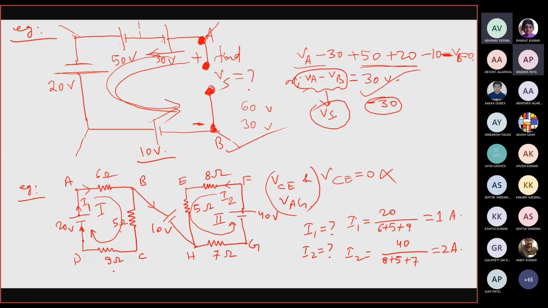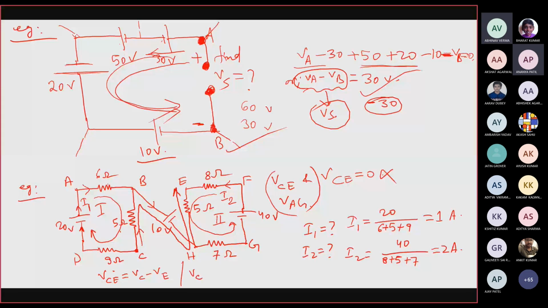So now we calculate, let us start from this point C. VCE means VC minus VE, the potential difference between C and E. So let us start from this C point and move in this direction. The arrow I am showing is one direction, you can take any direction and calculate.